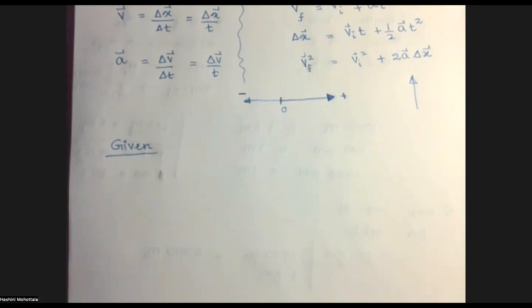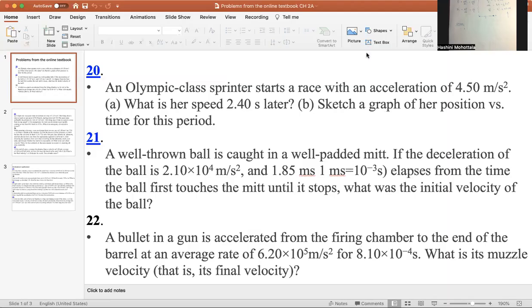So this is the same document that I shared. These are some of the problems that we have on the blackboard, and they are copied from the OpenStax textbook that we are using.